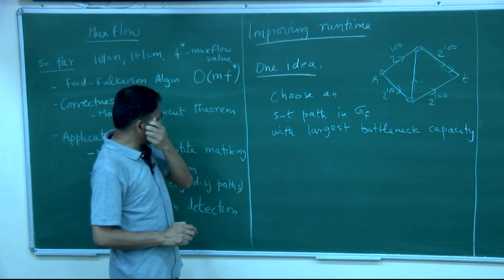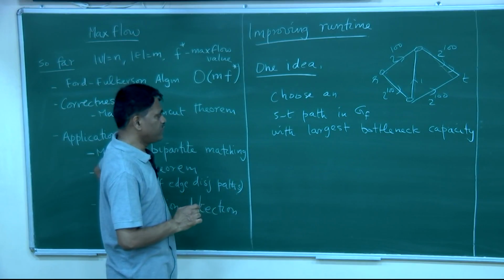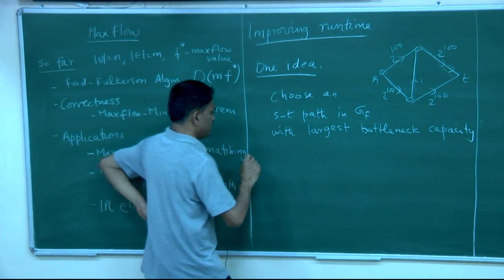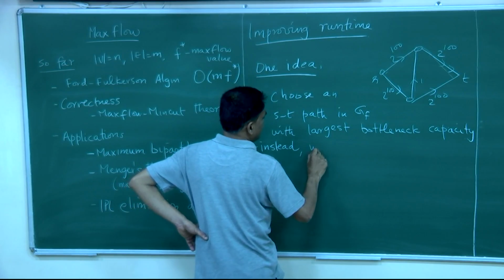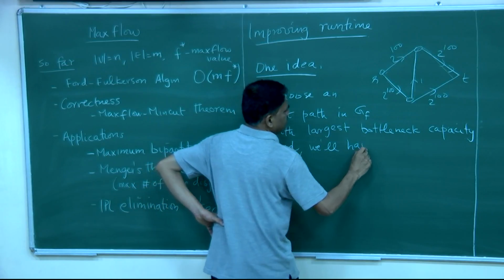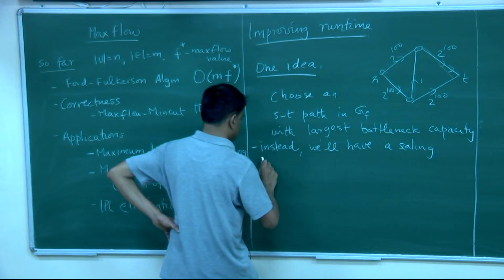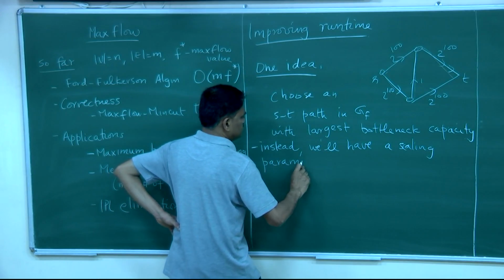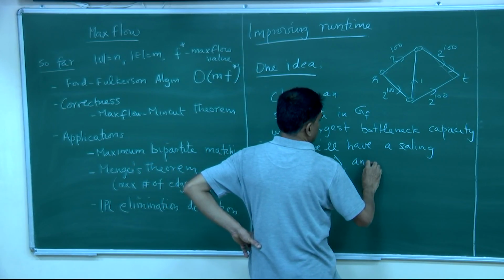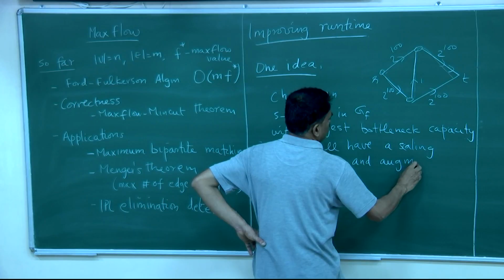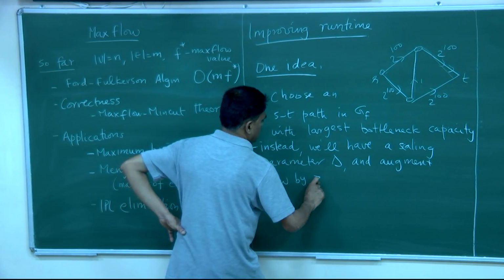So we're going to avoid that by doing the following little approximation. Instead, we'll have a scaling parameter delta and augment flow by at least delta if possible.